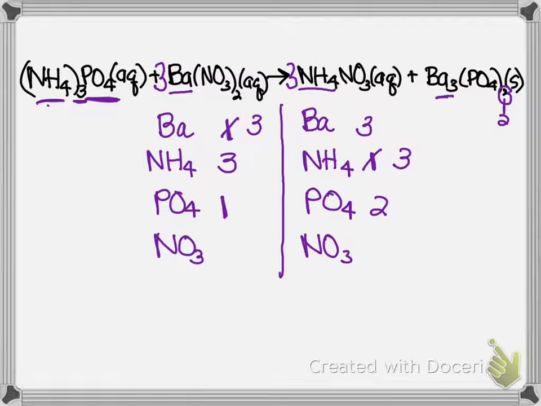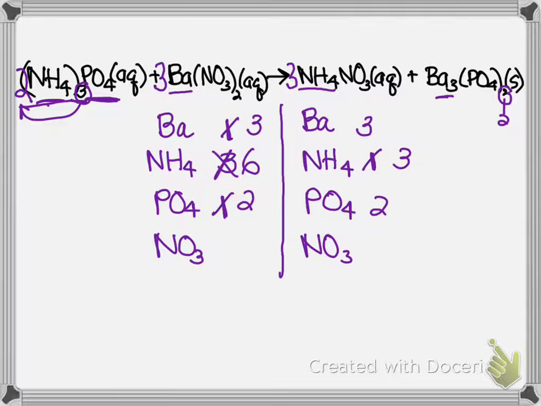So now, to get the phosphate, I have to put a coefficient in front of this whole formula there, because you can't change the formula or put it in between. So I put it in front of that formula, and that gives the phosphate 2, but then it changes the ammonium that I already did. So I see that there's 3, but I have to say 3 times 2. So now on this side, there's 6.